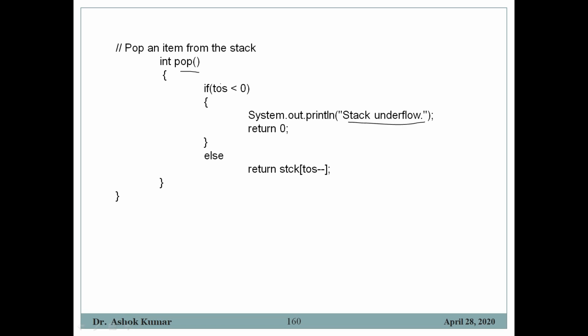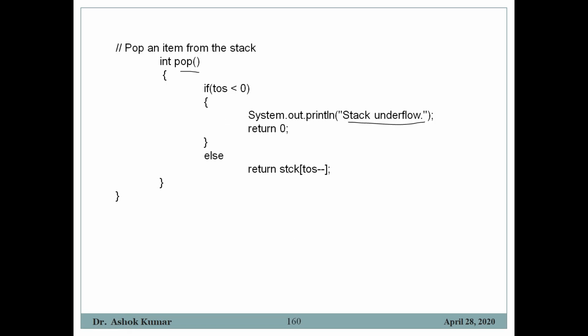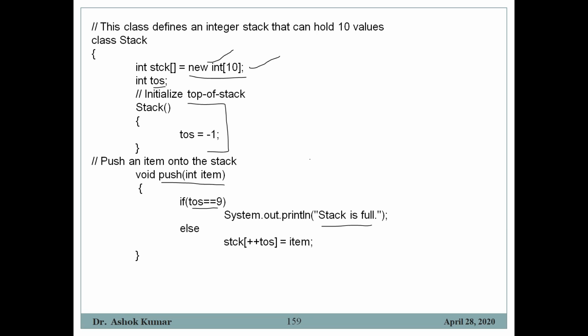If the stack top is greater than or equal to 0, it means there is some value on the stack, and we will return that value. Here stck is the name of the array that we created. It will return the top element of the stack, and after returning, the TOS value will be decremented by 1. So this is the class stack, and it has two methods, push and pop, and one constructor.